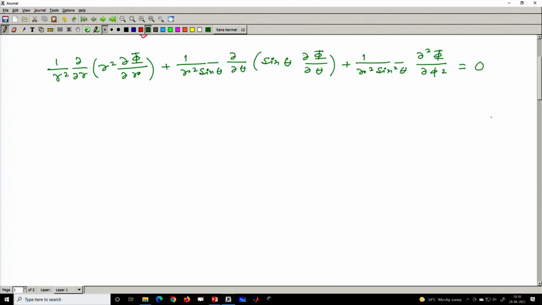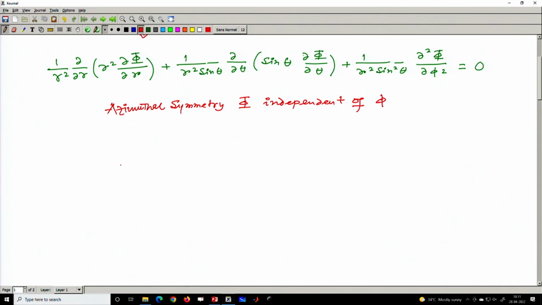Now, this is a two-dimensional problem, so let us consider the azimuthal symmetry. For azimuthal symmetry, phi should be independent of the variable phi.